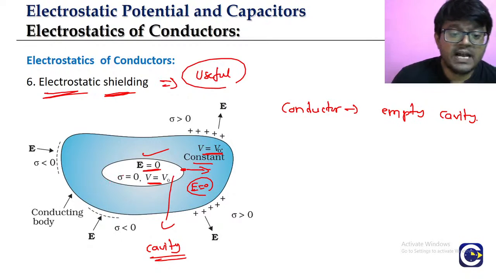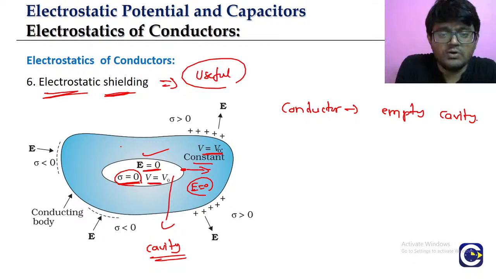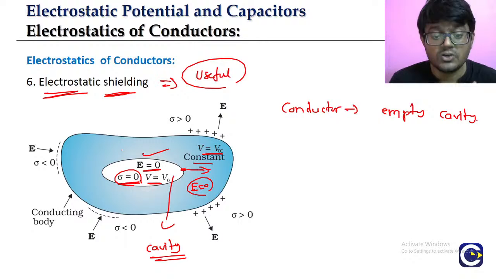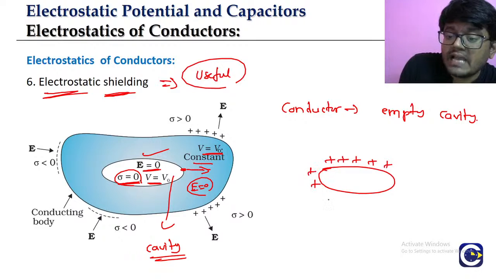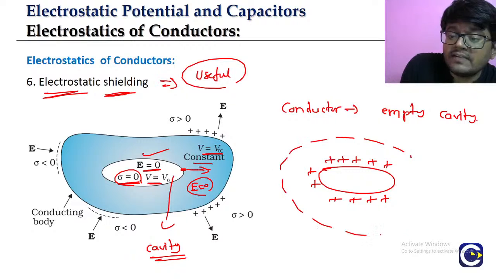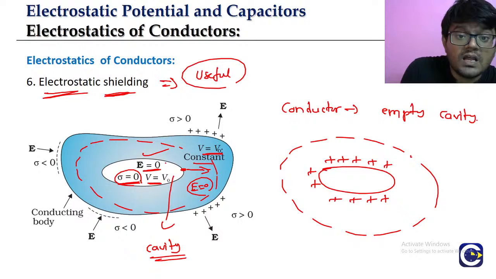And the inner boundary of the cavity, charge will not accumulate there. Because if the cavity surface had accumulation of charge, then we could create a Gaussian surface inside, and that would disobey the conclusion, since everywhere inside the conductor the electric field should be zero.